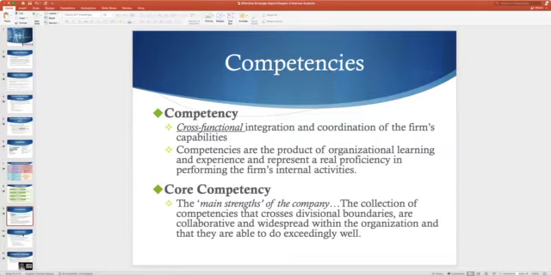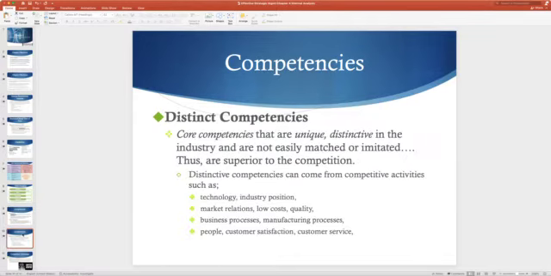Going a step farther, now we're looking at distinct competencies. These are those core competencies that we just identified. What we're trying to determine now is, are those core competencies unique? Are they distinctive in that industry?